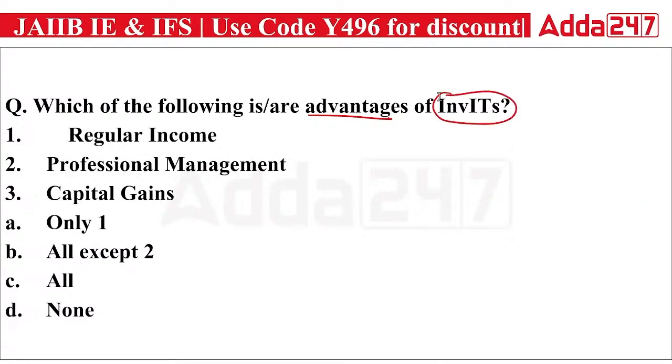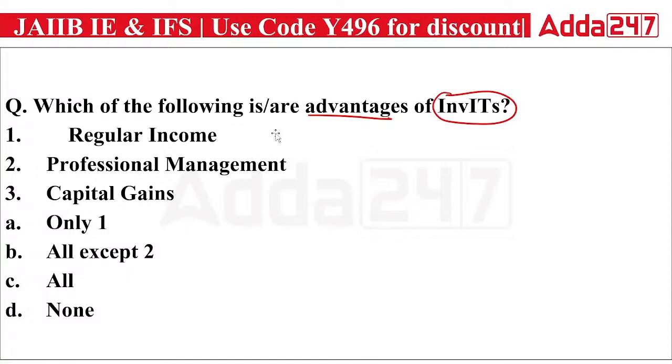Now the advantages we have to find out about the InvIT. First is saying regular income, second is saying professional management, third is saying capital gain. Only one, all except two, all of the above. So which of the following are the advantages of putting your funds in the InvIT?